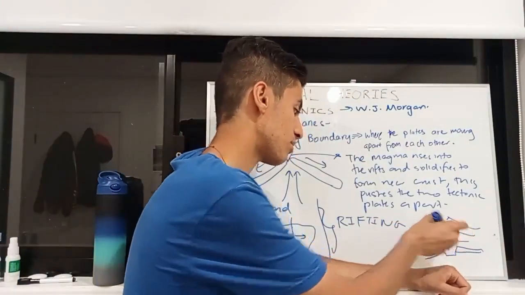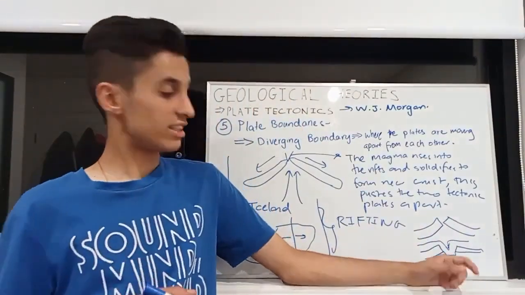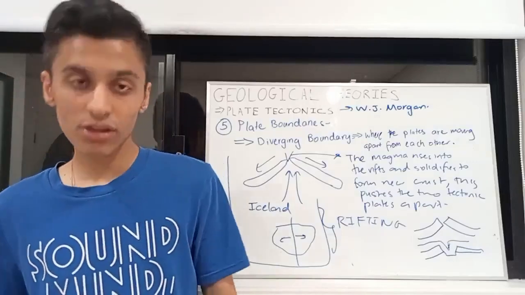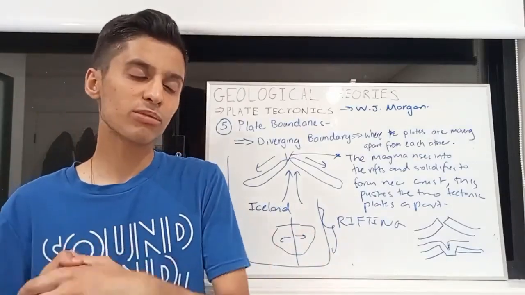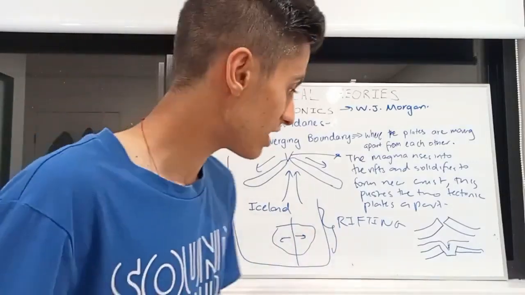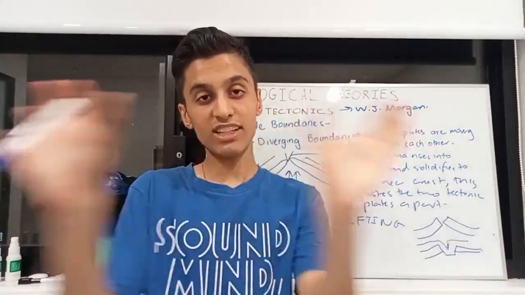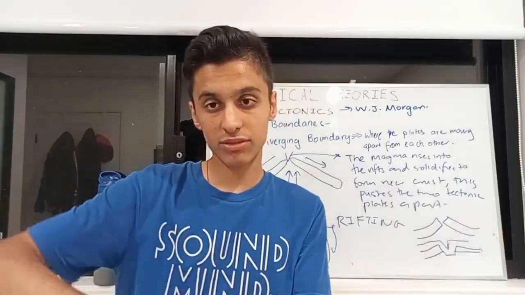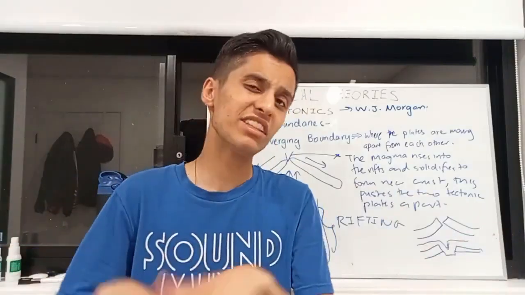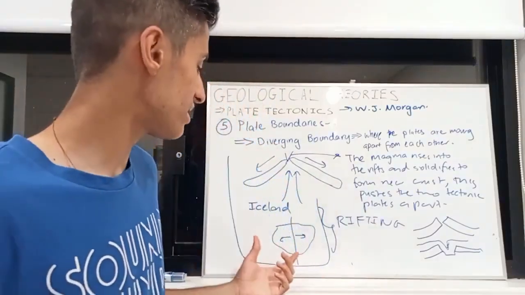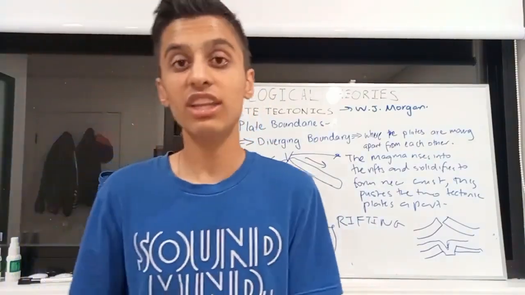This allows water to flow in, and then seafloor spreading occurs. As you can see, it always comes back down to seafloor spreading. If there's two pieces of continental crust and they separate, it allows water to flow in, and then seafloor spreading occurs how it would naturally occur in places like Iceland and just in the sea.